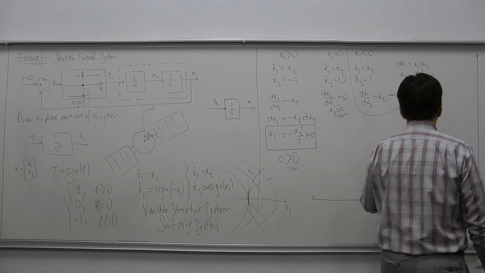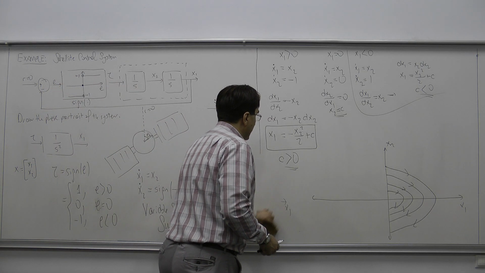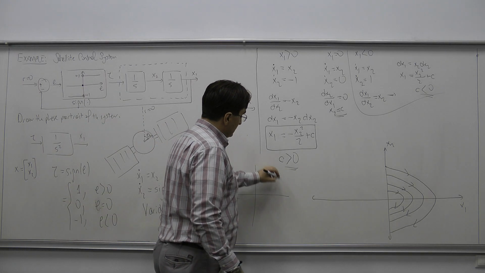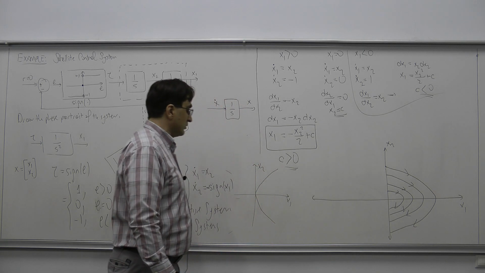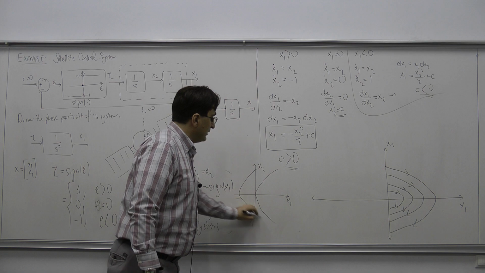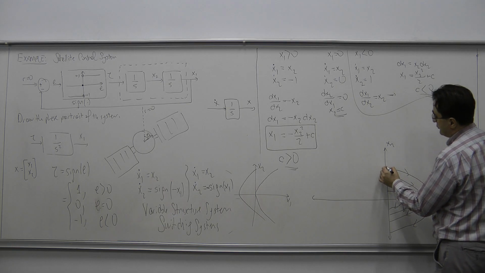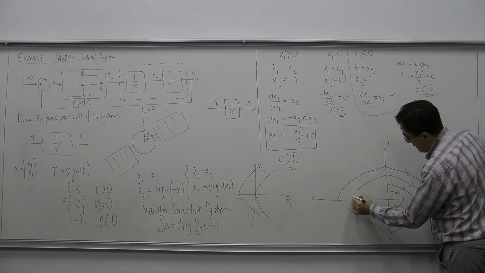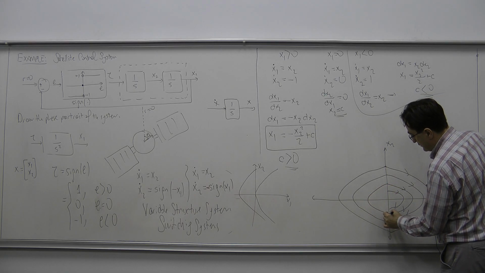And I know that here, these parabolas, x1 equals to x2 squared over 2, would be looking like this. This is x1, this is x2. x1 equals to x2 squared over 2 would be looking like this. And if c is negative, I will subtract c. So they would always be looking like this. So the parabolas on the other side would be looking like this. All right? Of course, they should be symmetric with respect to the x1 axis.